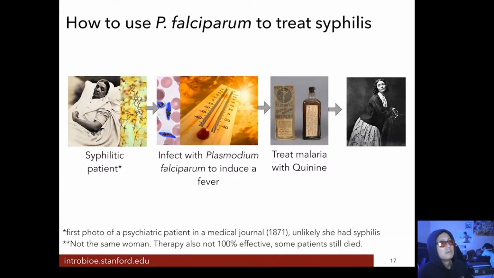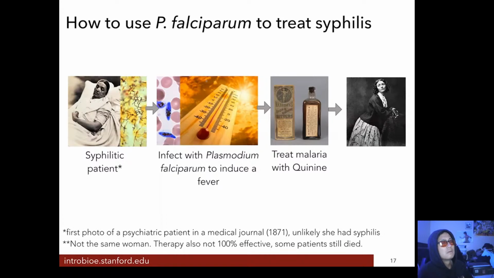So he would infect these stage 3 syphilitic patients with malaria in order to try to cure them, and then wait for the malaria parasite to induce a fever in the person. After the fever, hopefully their syphilis, the bacteria that causes that, was dead, but the malaria parasite would still be very much alive within the person.